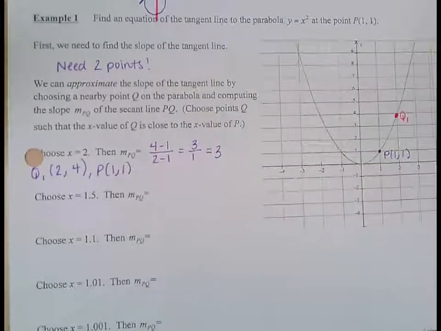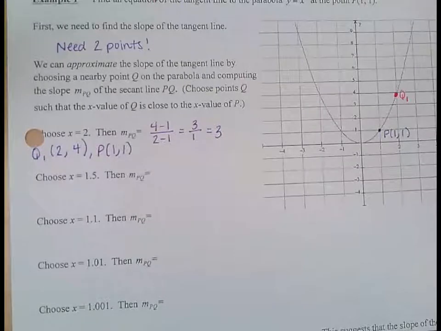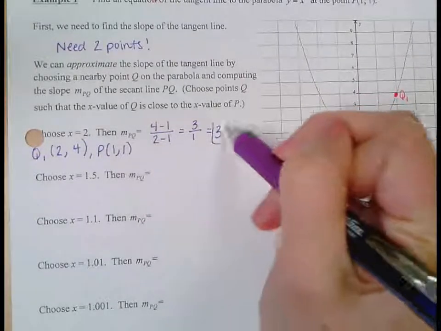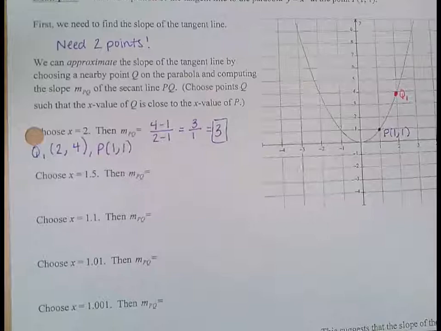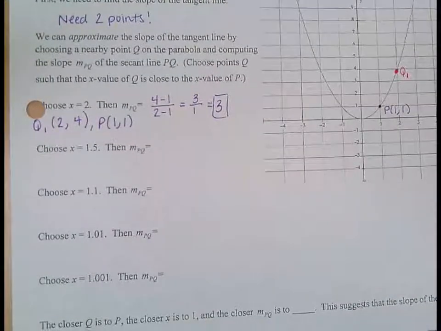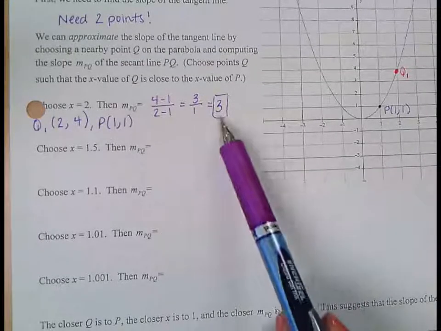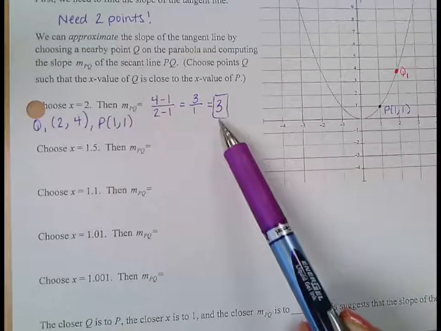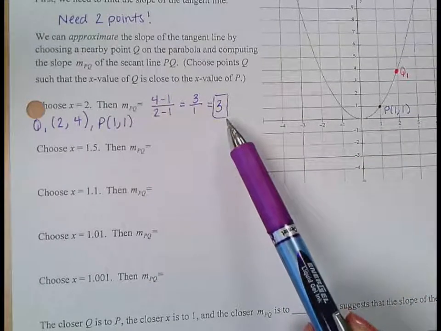So the slope of that secant line would be 3. Okay, so I know that is not equal to the slope of the tangent line. The tangent line is going to be a different line, but it's an approximation. I'm thinking right now the slope of the tangent line is close to 3. I know it won't be exactly 3, but it's close.